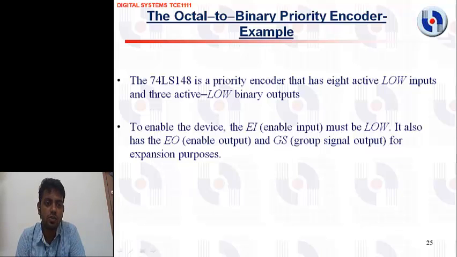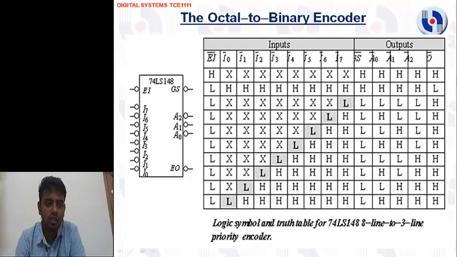It also has an EO enable output and a GS group signal output for expansion purposes. Here we can see EO, enable output, and group signal. These are the inputs to the binary encoder, and these four are the outputs. This is the group signal.